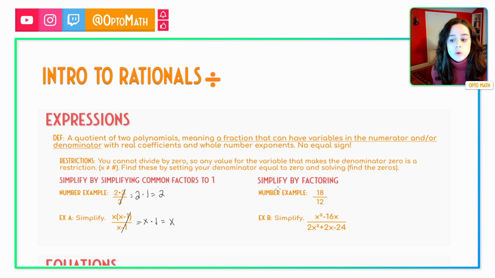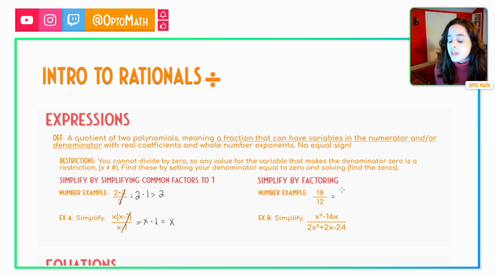Our second example is simplifying by factoring. So we don't already have a factored expression here. It needs to be factored. Unlike our first example in example A, it was already factored. So let's look at our number example. So to find our common factors, we want to break down 18 and 12.